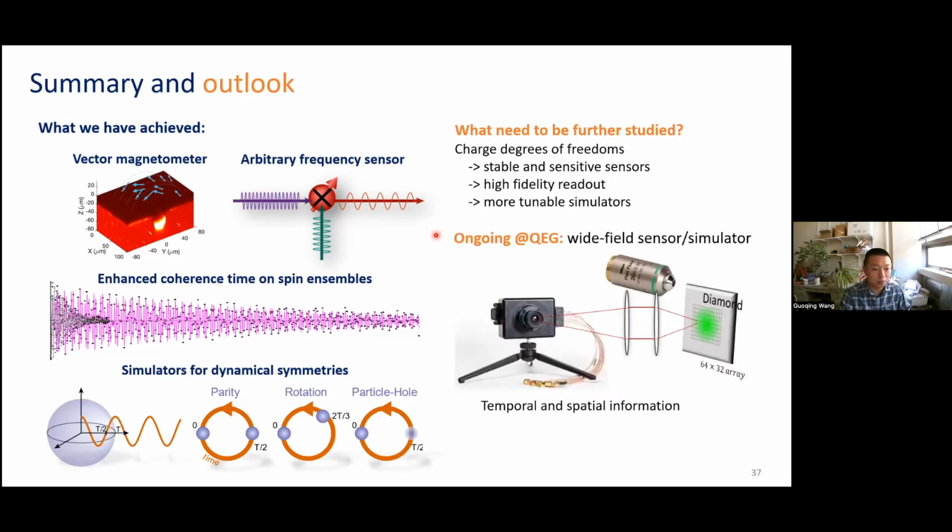So recently, we built a wide field imaging setup to further extend the capabilities of our quantum sensors and simulators by studying this charge degree of freedom, looking at the temporal and spatial information of their dynamics. The first step is to understand the interplay between the charge and spin, and then try to control such an interplay to develop even more applications and better performing sensors and simulators.